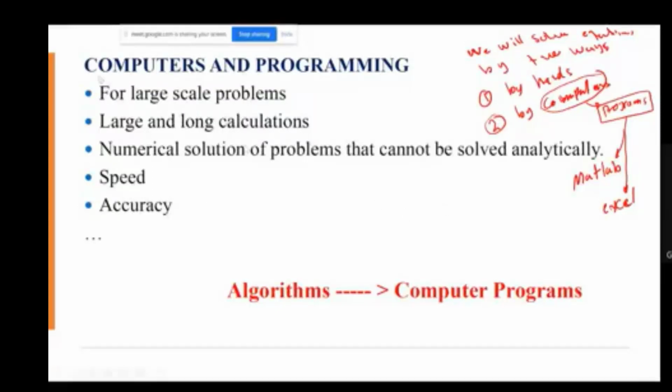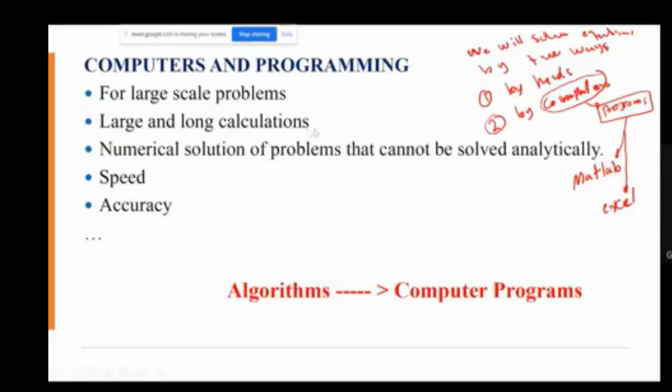Why are we using computers and programs? Why don't we just use our hands and solve? This is the reason. For large scale problems, we have many equations and many variables. It will be very difficult to use our hands. Also there are large and long calculations.